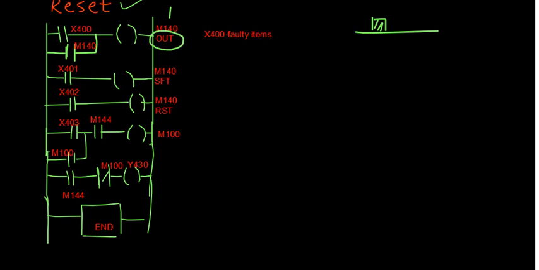So now when you come to the second rung from the first rung, what exactly happens is X401 is used for the purpose of shifting, as you can see here, right? X401 is used to identify the items, all of them, because whether it is faulty or healthy, all the items are going to be identified by this X401, right?